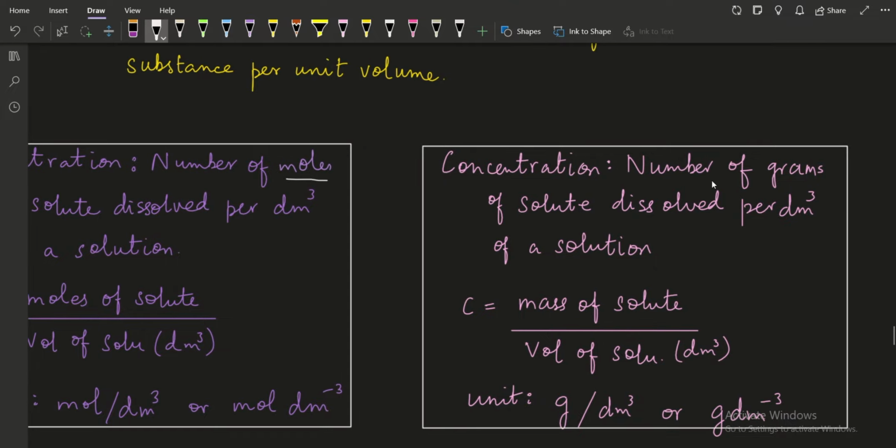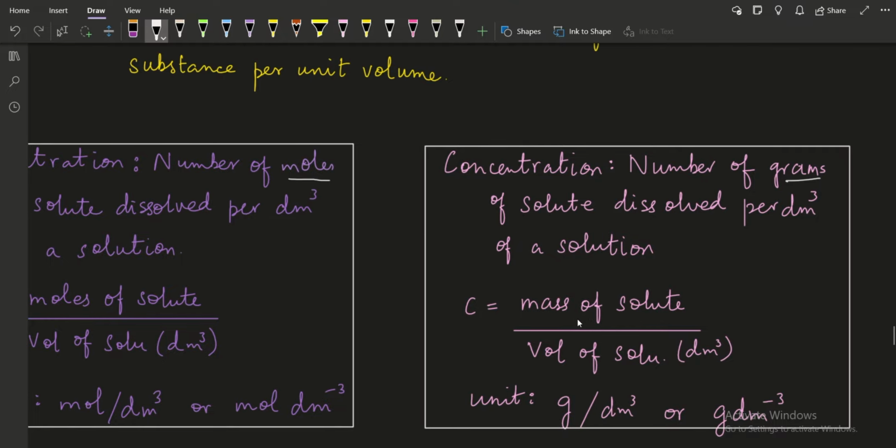The other way to define concentration is the number of grams of solute dissolved per cubic decimeter of a solution. So this is in terms of mass, and the other unit of concentration will be gram per cubic decimeter.